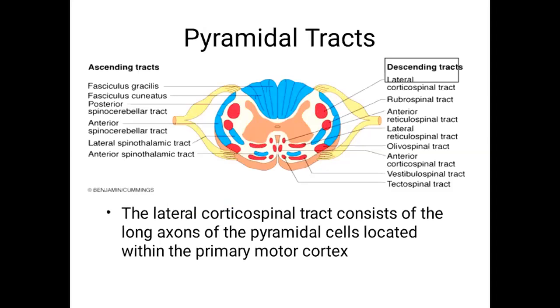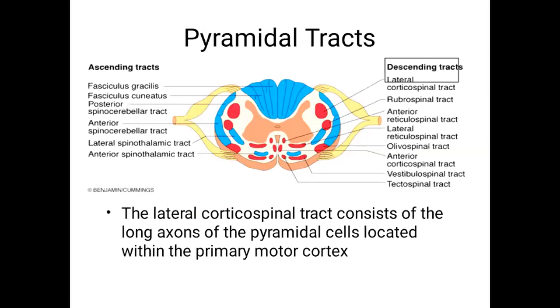They are the corticospinal tract and corticobulbar tracts. They are the longest tracts, arising from the motor cortex and reaching the last segment of the spinal cord. The pyramidal corticospinal tract is further divided into lateral corticospinal tract and anterior corticospinal tract.